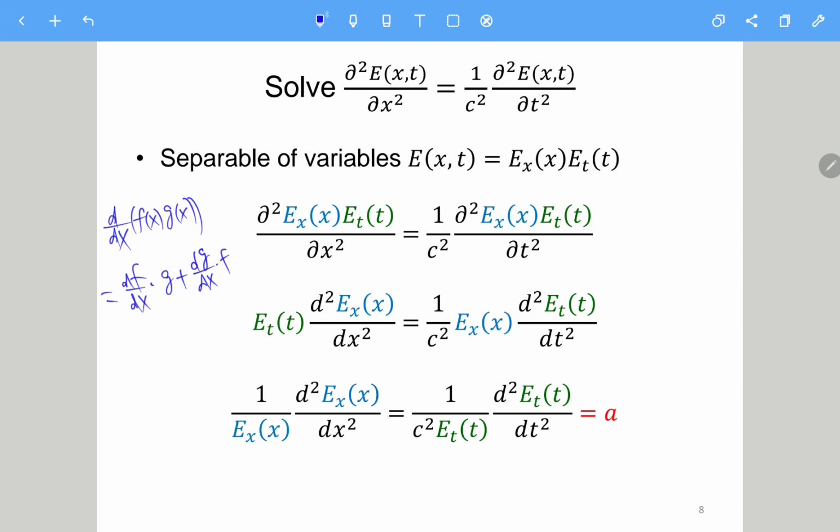This is the product rule in calculus. But here, this is independent, so if you need to take the partial derivative, the second partial derivative will be even more complicated.